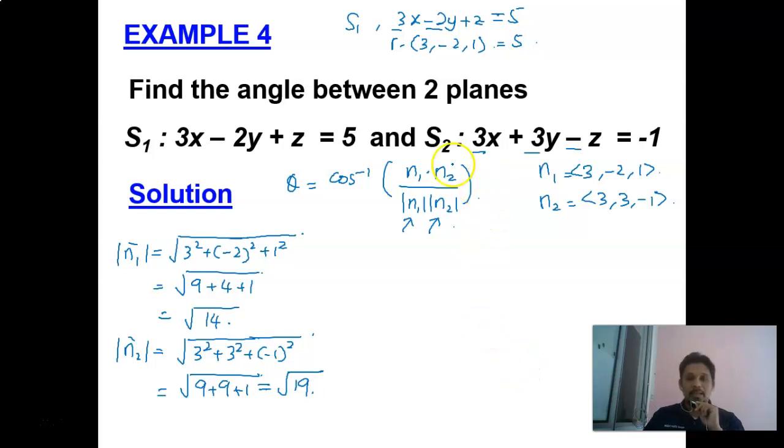Okay, and then n1 dot n2, which is (3, -2, 1) and (3, 3, -1). So 3 times 3 equals 9.